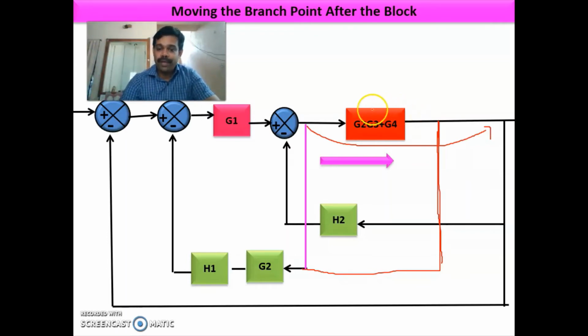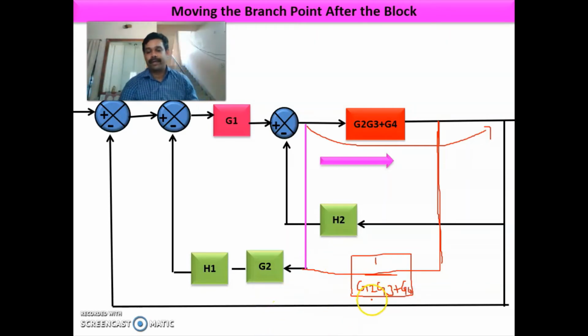So we have to eliminate G2 G3 plus G4 from this line. So we are going to multiply it by a block having a gain of 1 divided by G2 G3 plus G4. Please listen, when you are taking from this point, G2 G3 plus G4 will come in that line.